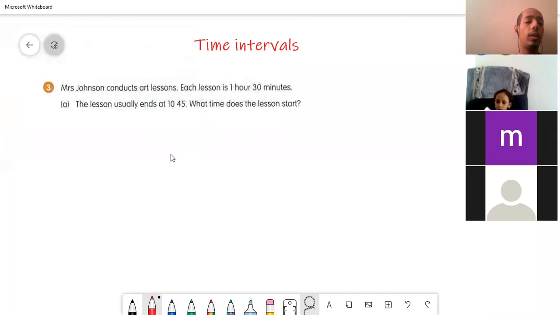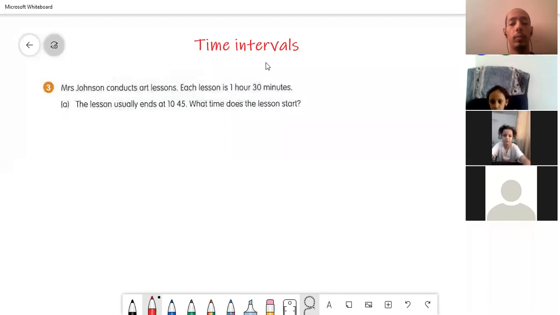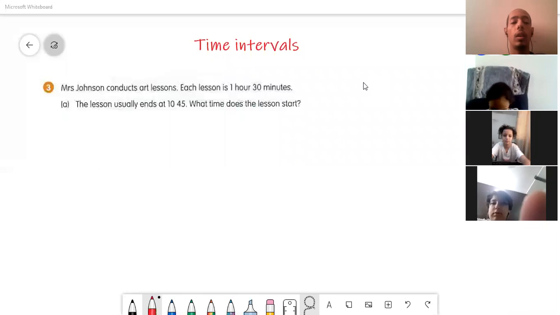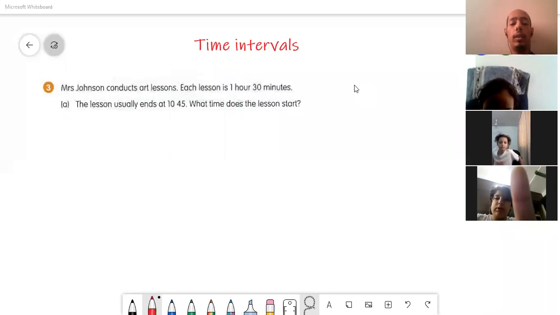This example says Mr. Johnson conducts art lessons. Each lesson is 1 hour, half, 30 minutes, means 1 hour and a half.